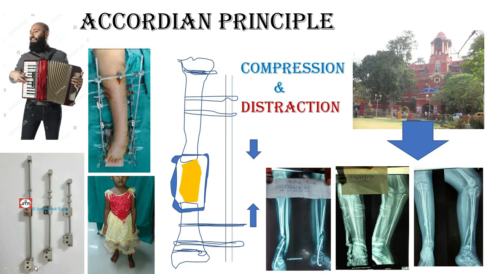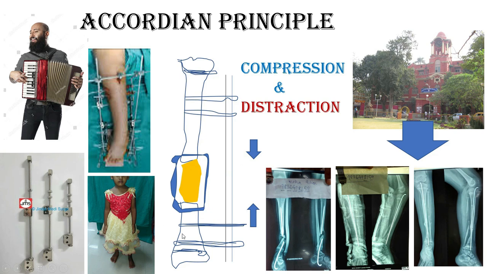This is one type of instrument which can be put into the bone, sparing the physis, and we can put compression by turning this rod, and we can do distraction by returning this rod. So clockwise is distraction, anti-clockwise is compression, and on a day we can go for compression, and the same day at night we can go for distraction.